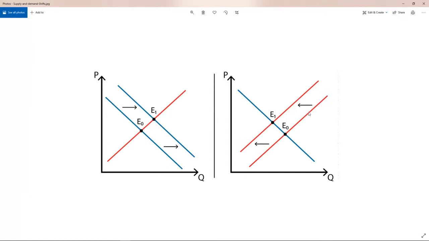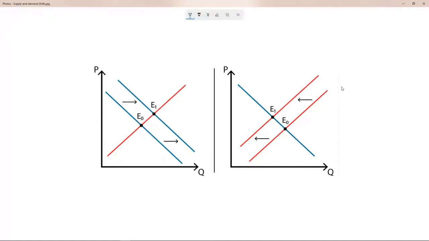Now on the supply, the same directionality applies. If the supply curve moves to the left, that's a decrease in supply. And we can look at the quantity.